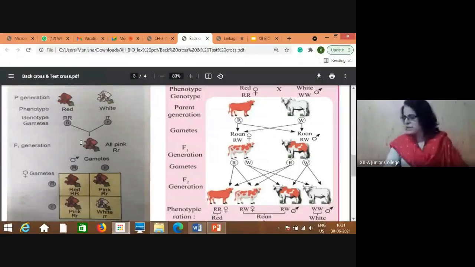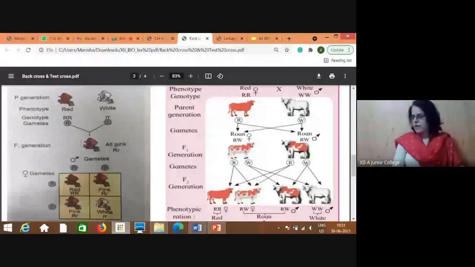In this example of incomplete dominance, Mirabilis jalapa, the evening primrose plant, is considered, where two contrasting characters are taken: the flower with red color and the flower with white color. So phenotypically, one is red, the other is white.